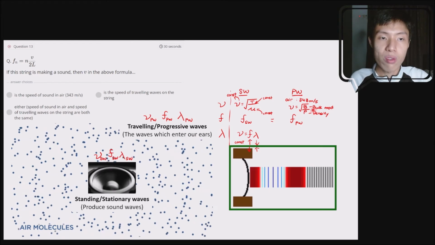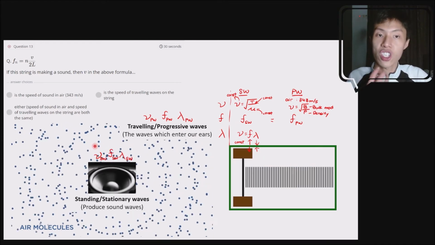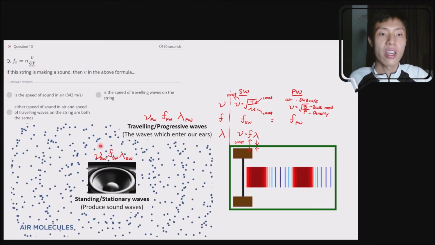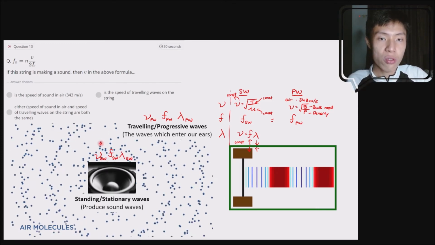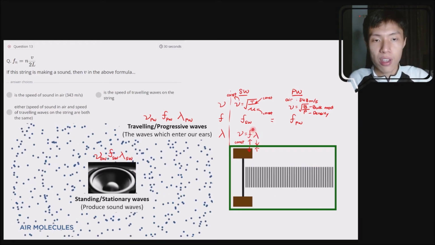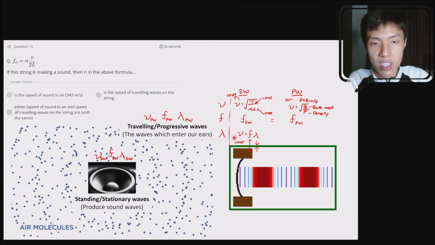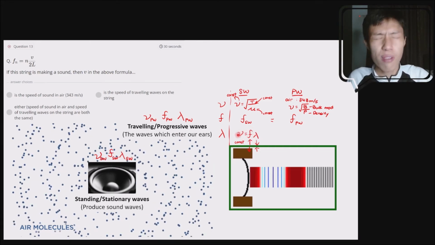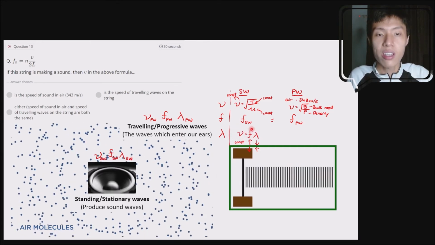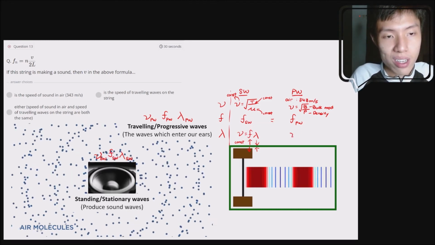That's why if you change the air from normal air to helium, you change the tone of your sound. Why? Because you are fixing the lambda, but if you increase the wave speed, you increase the frequency. Let's write it down. Okay, I'm getting confused myself already.